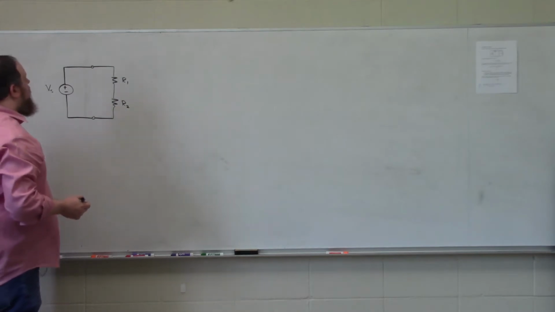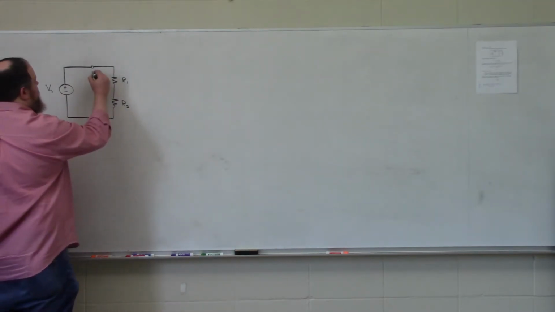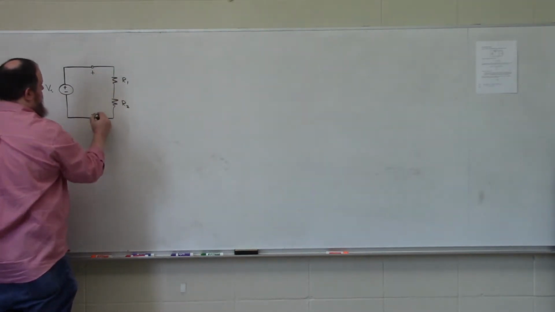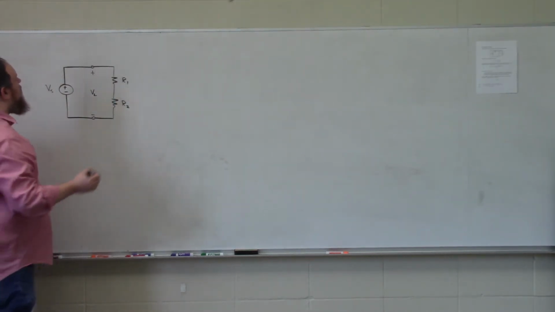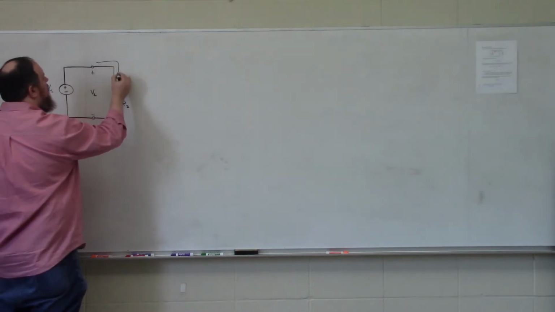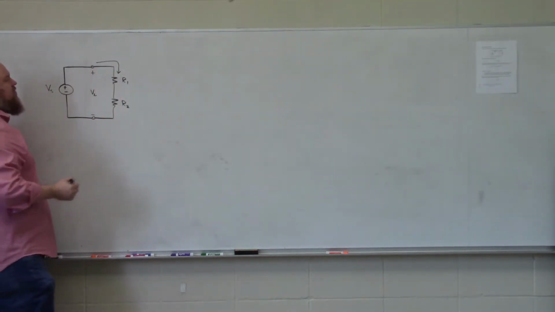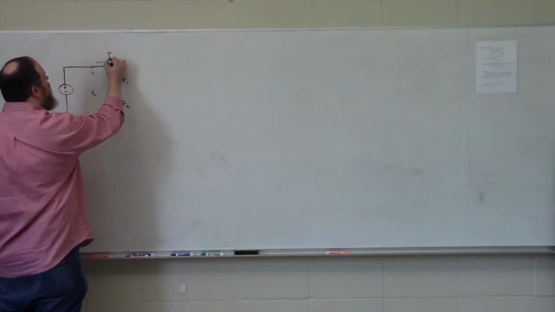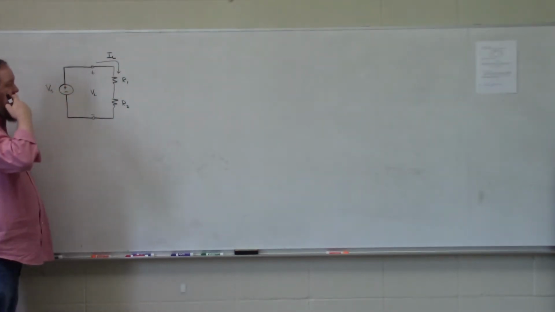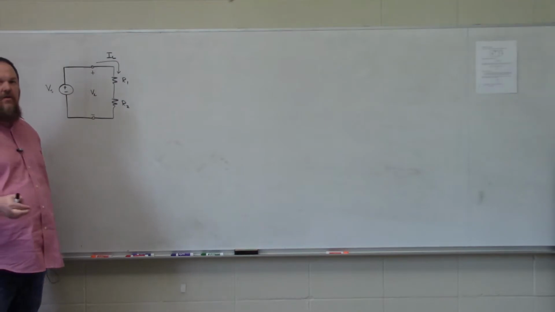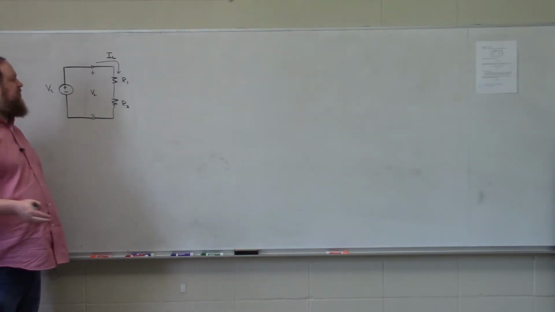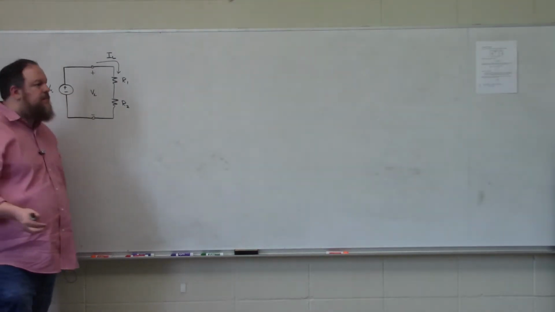This resistive network will have a voltage drop over it, which I'm going to call VL, a current flowing through it, which I'm going to call IL, and the product of those two quantities, VL and IL, represents the power that is absorbed by this resistive network.